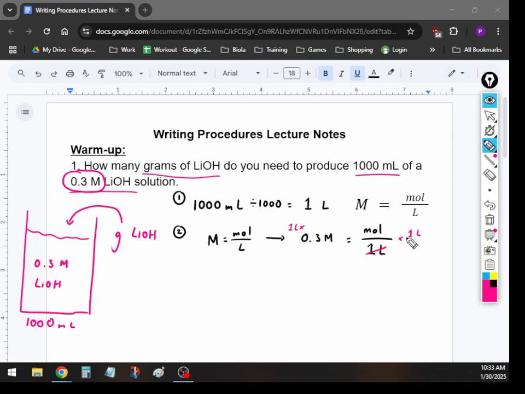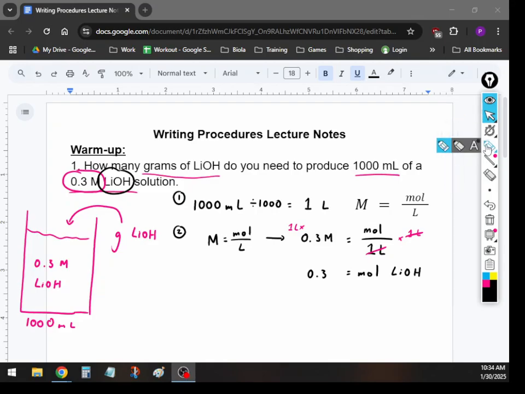Okay, guys, so for the calculations, you just multiply both sides by 1 liter in order to isolate moles. And so for our fraction, we will get 0.3 as our moles. Then just make sure you guys label this as the chemical that we're working with, so LiOH. So that's going to be step 2, finding moles of LiOH.